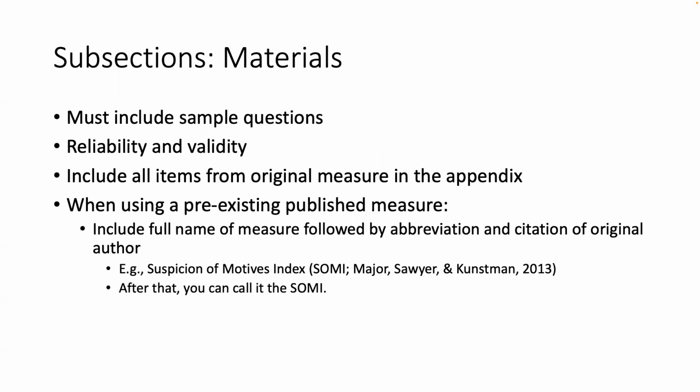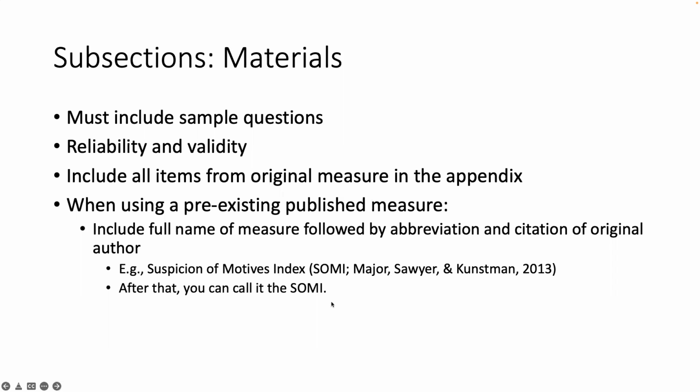All right, let's continue with materials. We talked about including sample questions. I do want you to include all the items from the original measure in the appendix. And when using a pre-existing published measure, include the full name of the measure followed by abbreviation and citation of the original author. So for instance, the Suspicion of Motives Index, Major et al.